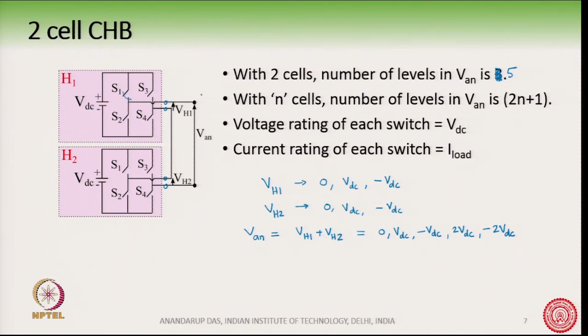Suppose we connect a load here across VAN, then this load current can flow through any of these 4 switches, and it can also flow through any of these 4 switches based on the switching combination. So, the rating of these switches will be equal to I load, where I load is this one.